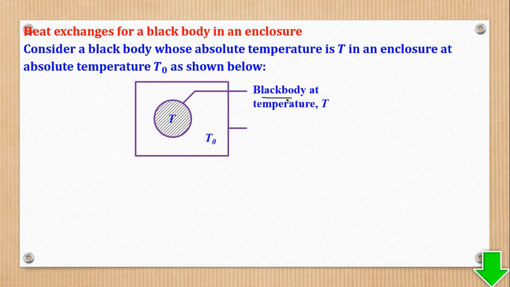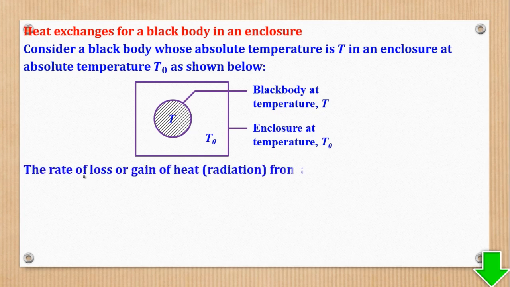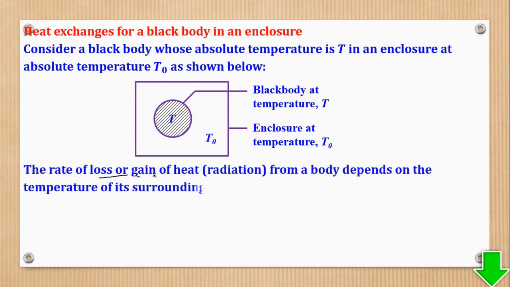So that is the black body at temperature T, and this is the enclosure at temperature T0. Therefore, the rate of loss or gain of heat by radiation from a body depends on the temperature of its surroundings. So if this temperature is bigger than this temperature, it means that the body will gain from the surrounding. But if the temperature of the surrounding is smaller than the temperature of the body, it means that the body will lose heat to the surrounding.